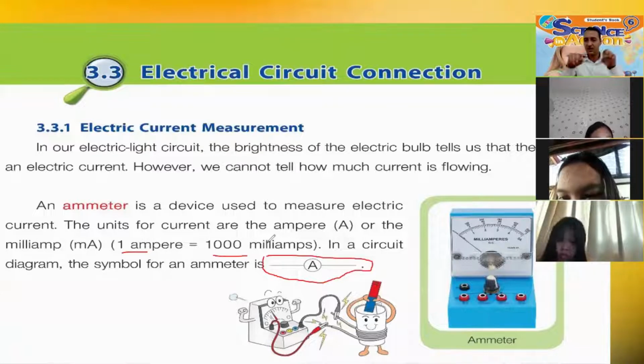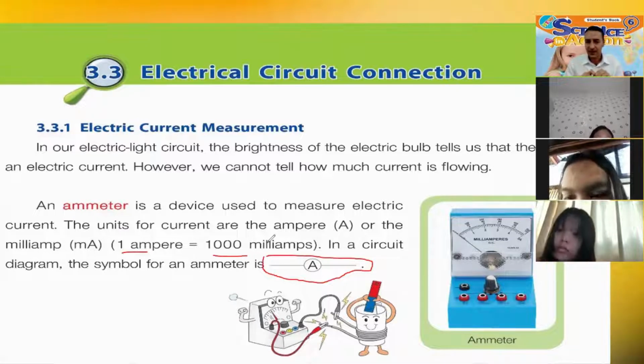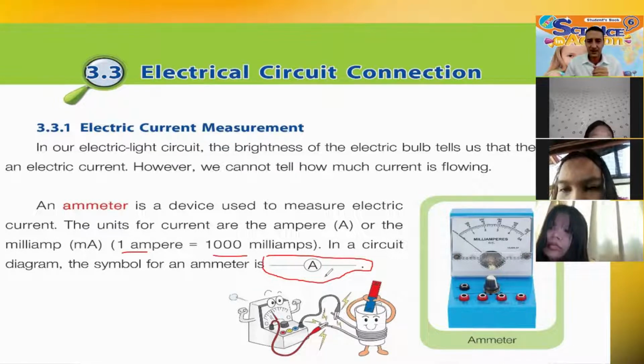If you draw a diagram of an electric circuit, we usually don't write the name, we just write down the symbol. So this symbol, A in a circle, is the symbol of an ammeter.